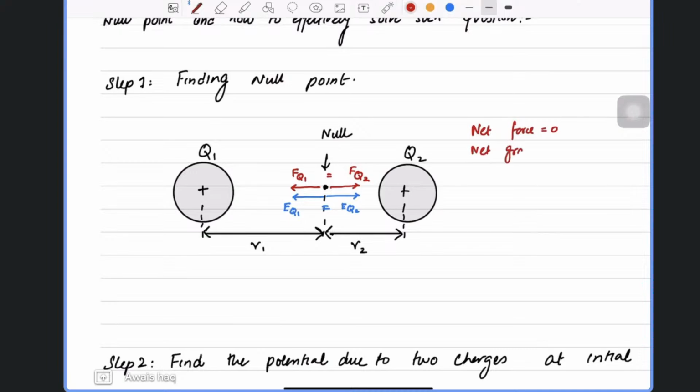Sorry, I'm writing gravitation. The electric field strength is also 0.